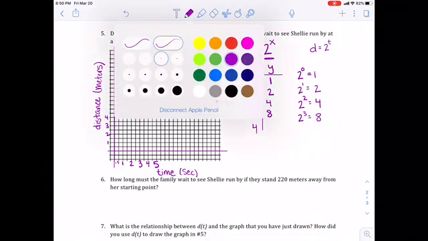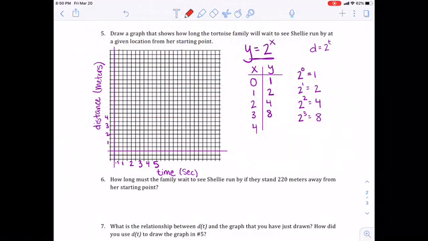But let's graph these points that we've already found. So I have the point 0, 1, which is going to be this point right here. Next up I have the point 1, 2. So here's 1, 2. It looks like it is going to be right about there. I have the point 2, 4. So that's going to be 1, 2, 3, 4 right here.